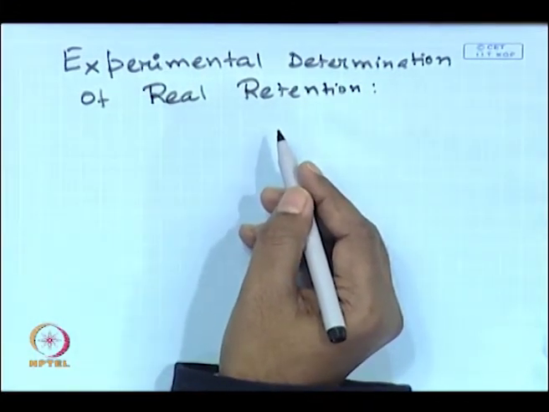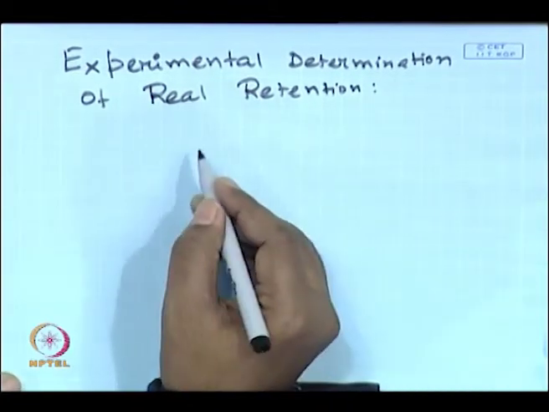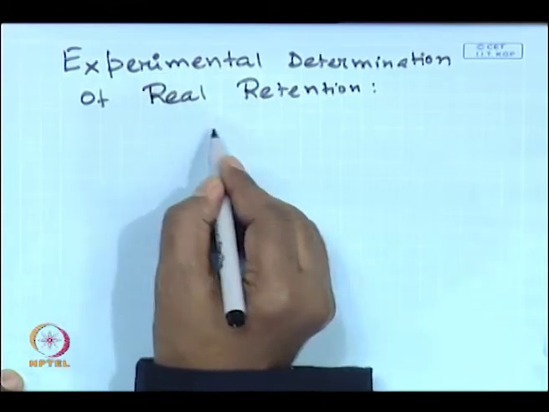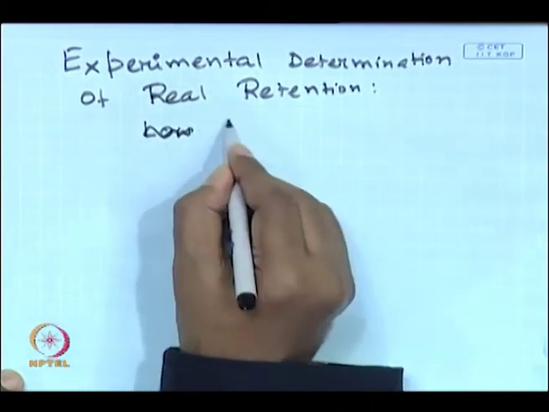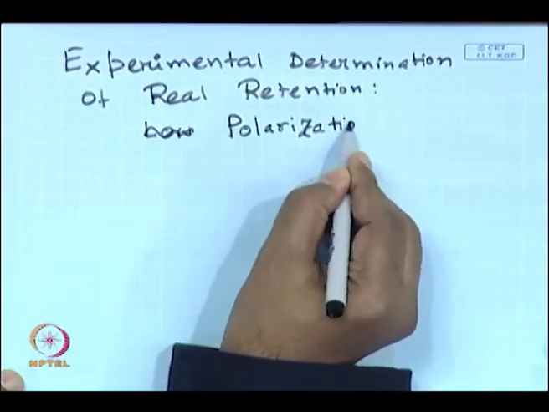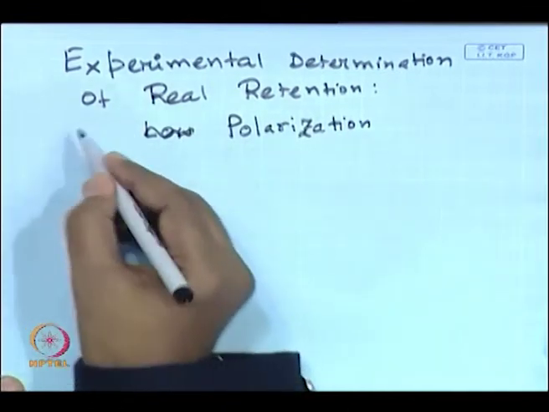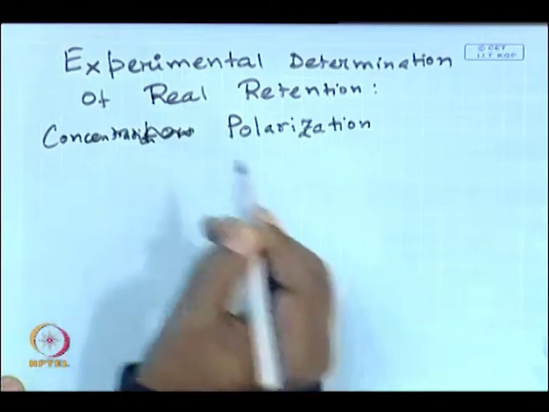In this case, what you do is that the polarization, let us define the polarization. And this polarization is basically in this case concentration polarization. I will talk about it in more detail later on.